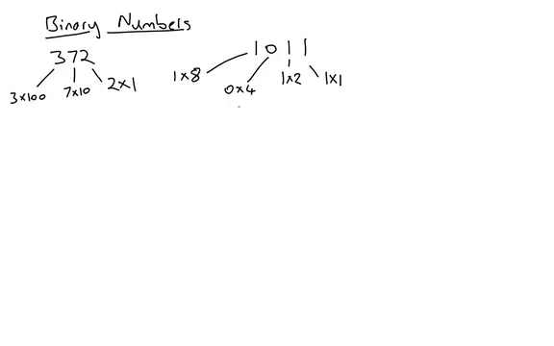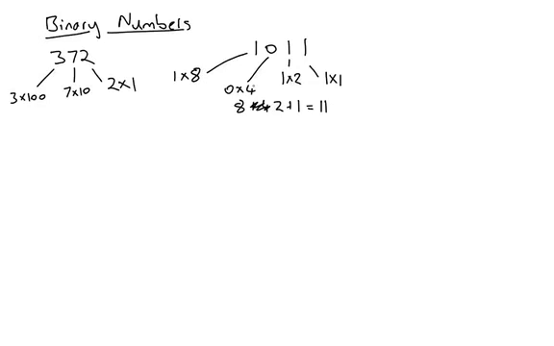So altogether the number in decimal is 8 plus 4, no, not 4 because we've got no 4s, 8 plus 2 plus 1, which is 11. So this is 11 in binary. Let me just check that. We've got 1 plus 2, that's 3. Plus there's no 4s, and we've got 8, so that's 11.